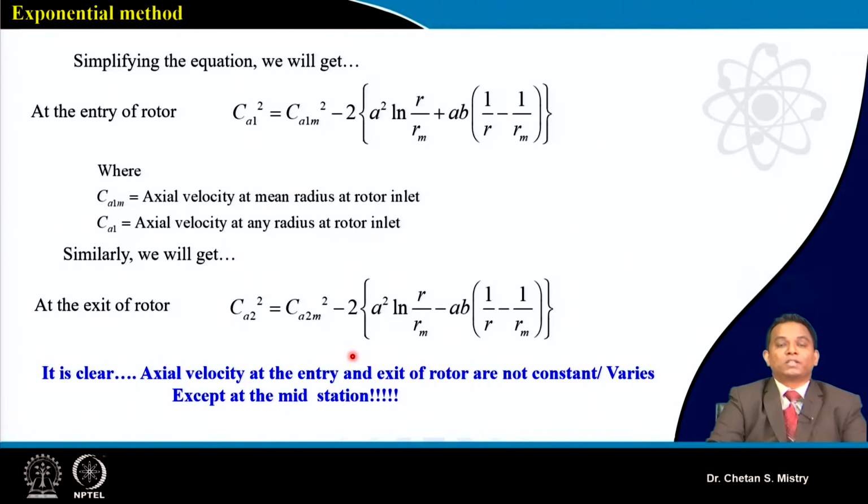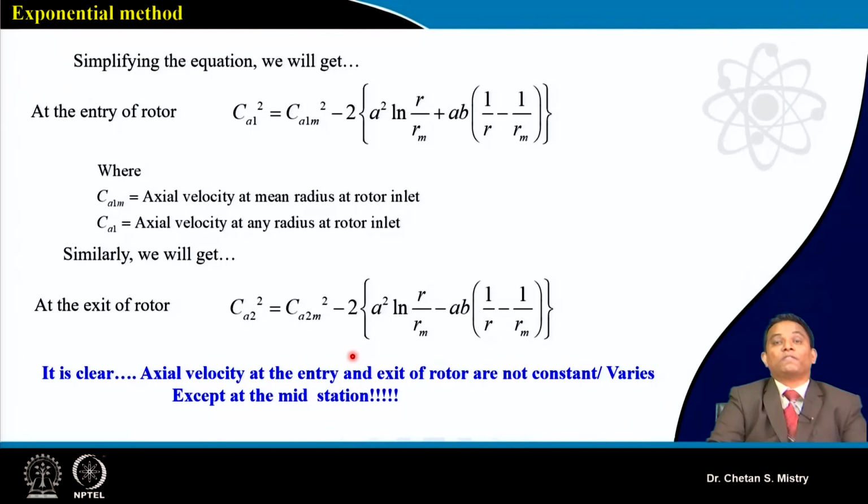Now the question must arise in your mind: if it is not satisfying the radial equilibrium, then what needs to be done? That we will be discussing very soon, but you can understand that when I consider my exponential design, my axial velocity at the entry of my rotor and my axial velocity at the exit of my rotor are not the same, it is varying.